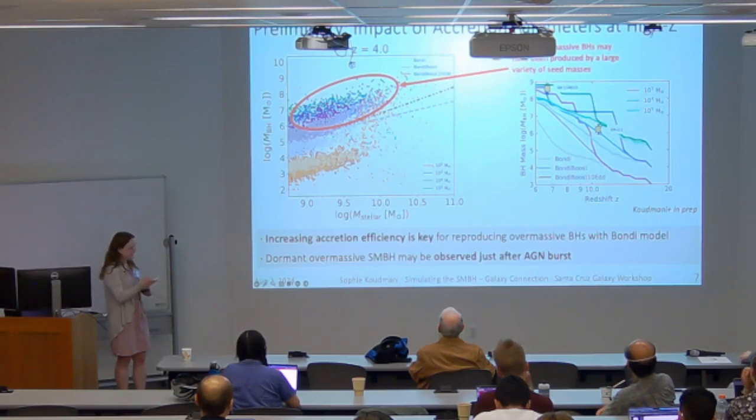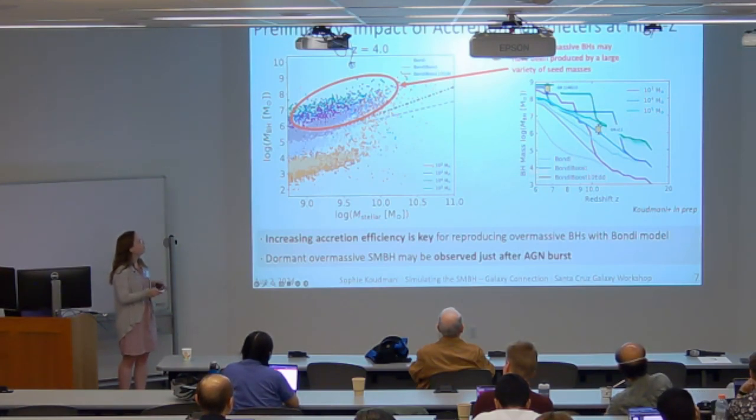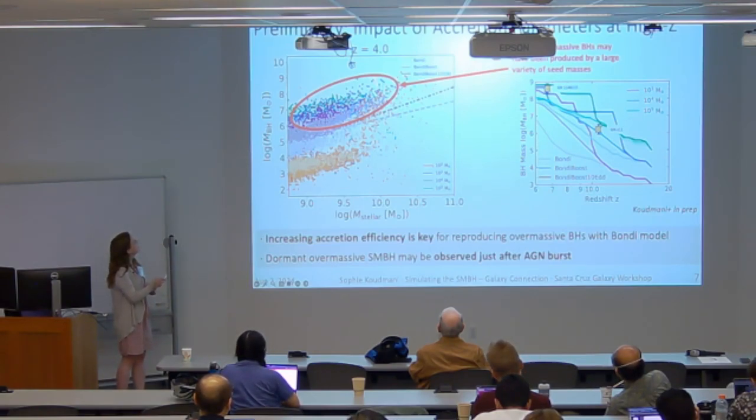And then finally getting back to JWST, if you play with this accretion efficiency in the Bondi formula, the so-called Bondi boost formalism, then you can actually reproduce these overmassive black holes from pretty much any peak mass. So this is pretty interesting that once you depart from this limiting traditional Bondi model, actually the field is wide open.